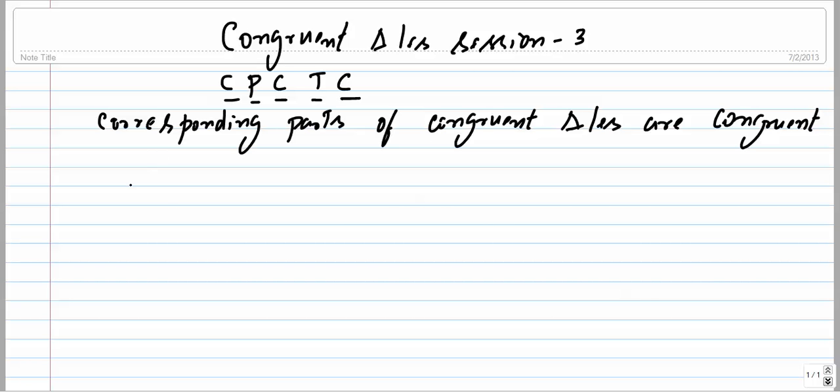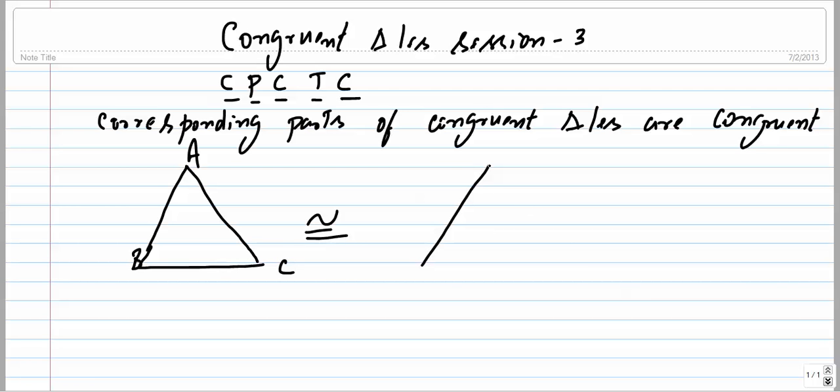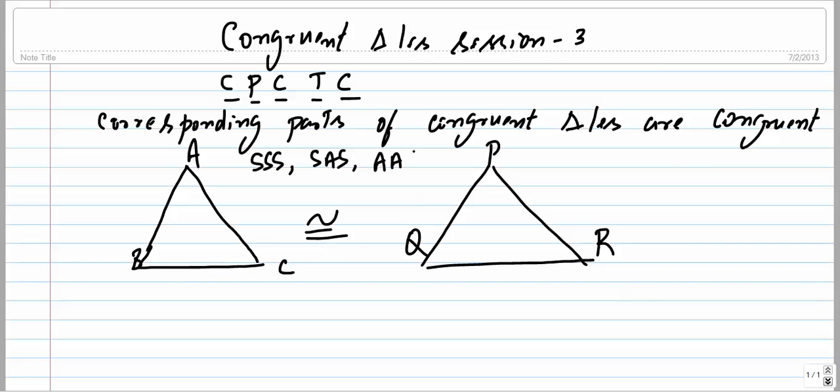What does this mean? When I say triangle ABC is congruent to triangle PQR by any rule, let us say SSS or SAS or AAS or RHS, if these two triangles are congruent, that means the corresponding parts of congruent triangles are congruent.